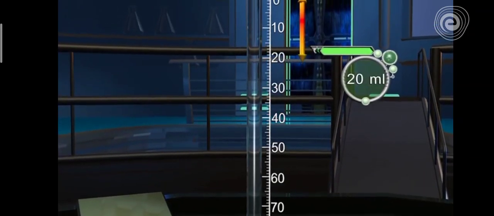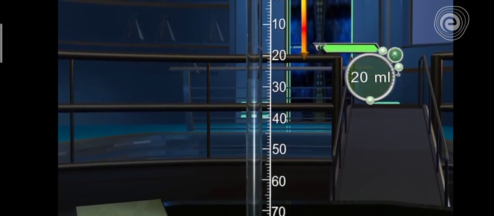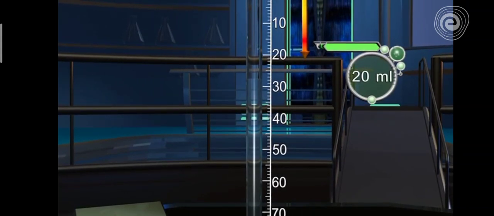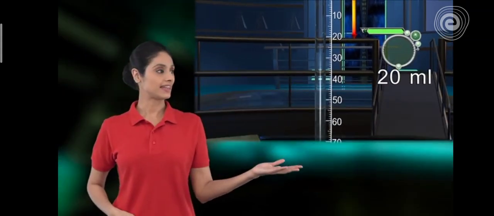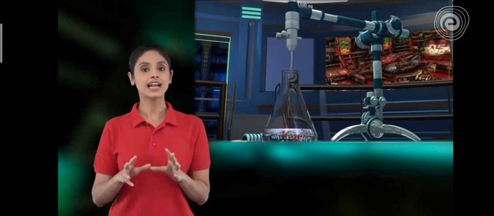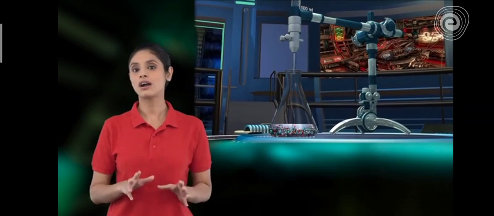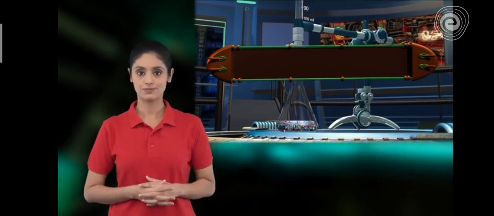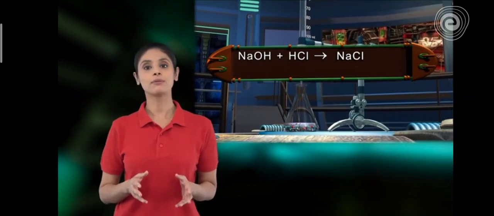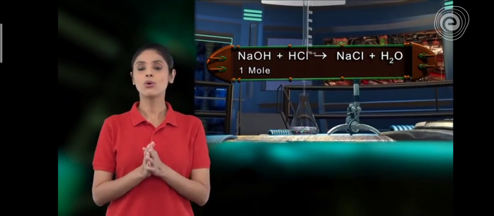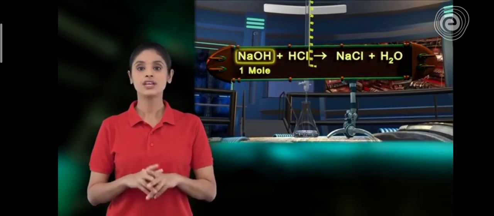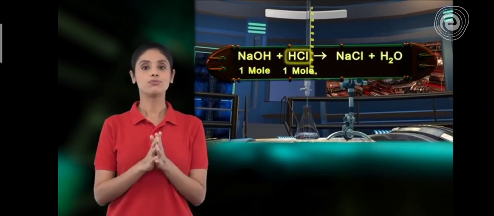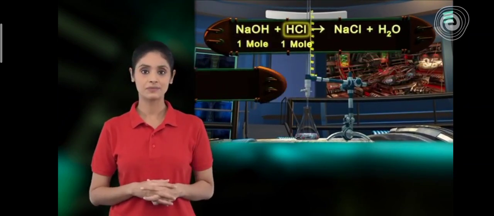The reading on the burette is used to calculate the number of equivalents of HCl. We can see that 20 ml of hydrochloric acid solution of an unknown concentration has reacted completely with 10 milliliter of a 1 molar NaOH solution. It is clear from the chemical equation that 1 mole of NaOH reacts completely with 1 mole of HCl.